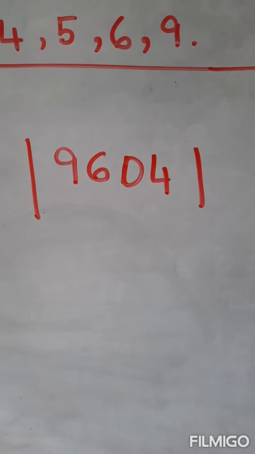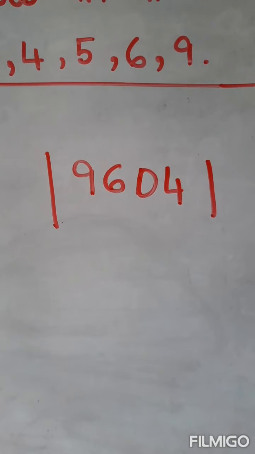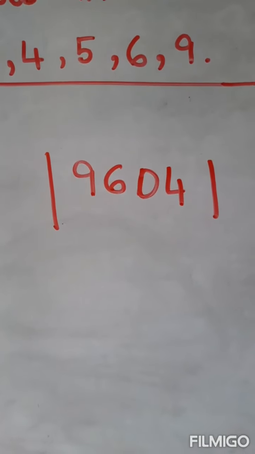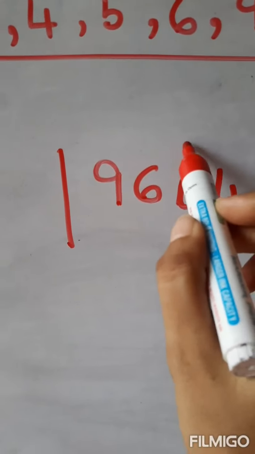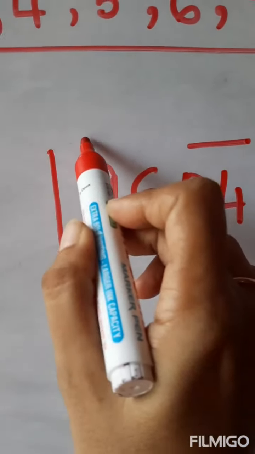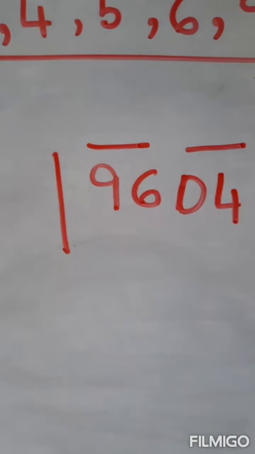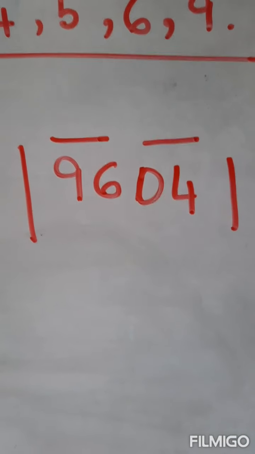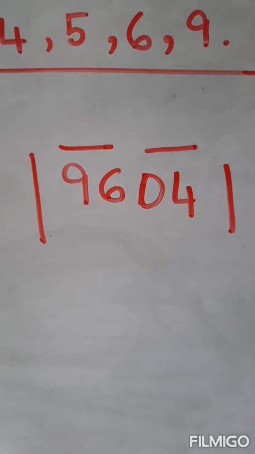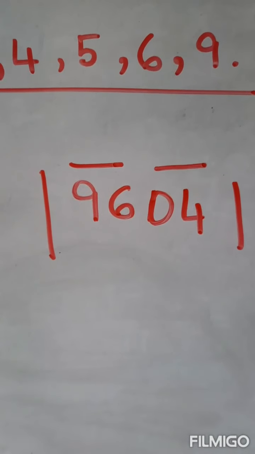We take another number, 9604. We put a bar over two numbers. So our first step is completed.